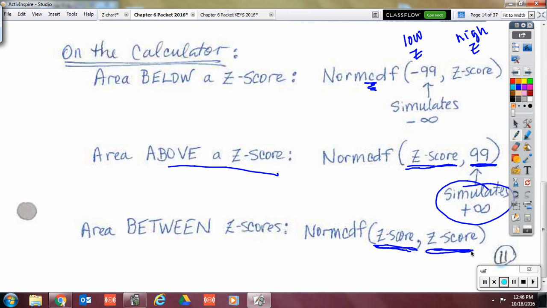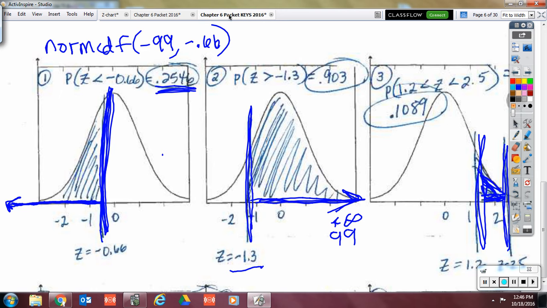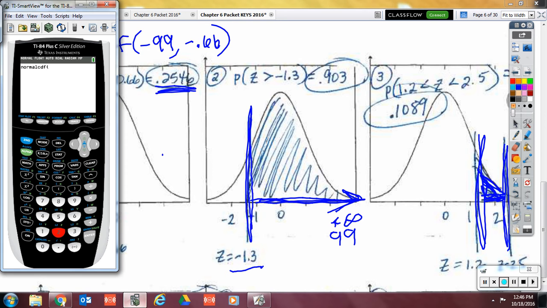It's integrating, the calculus, between those two values. So we're going to second vars, number 2, from 1.2 to 2.5. That's our 1.2 as the lower bound, 2.5 as the upper bound, and there it is, 0.1089. And that's the area you got yesterday with your chart when you subtracted those areas.